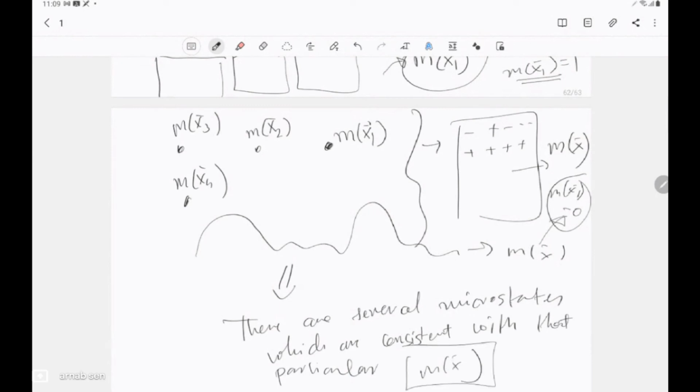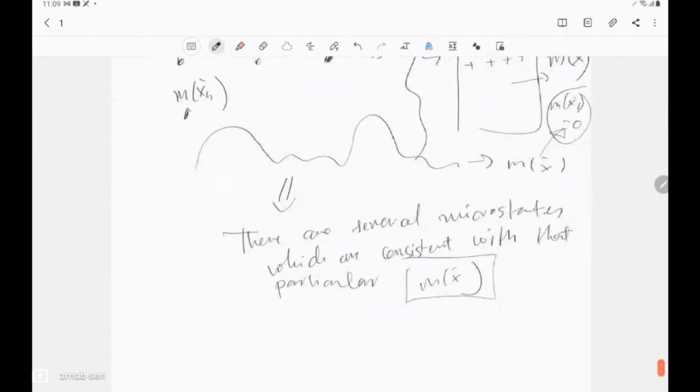So that means there's a particular entropy. This is the number of microstates which are consistent with this, a particular number of microstates associated with it.